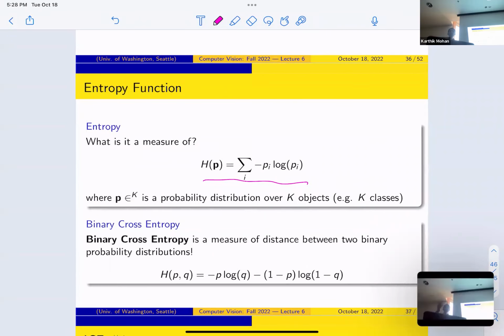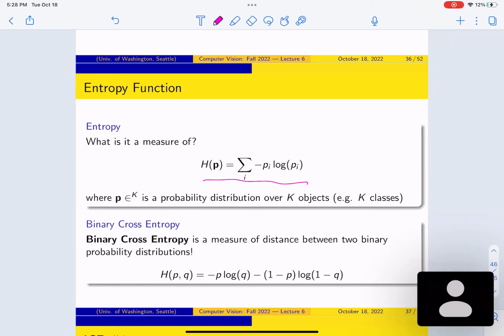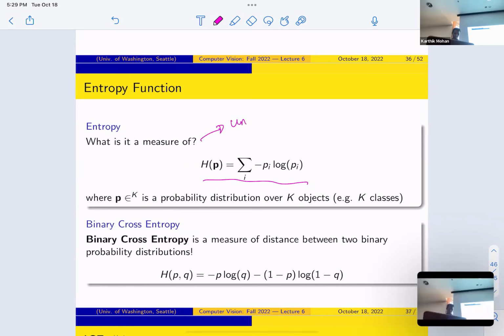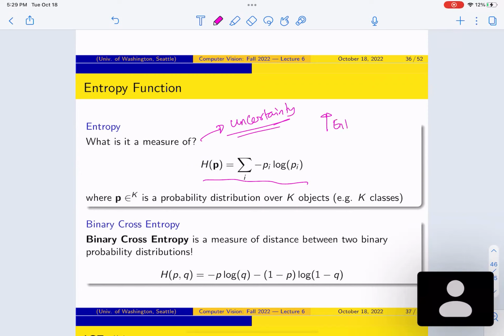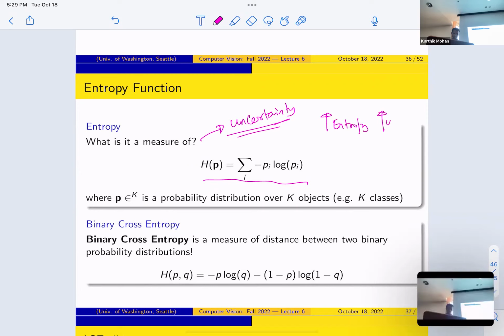Measure of disorder, yeah. Measure of chaos. And for us, let's say a measure of uncertainty. So the higher the entropy, the higher the uncertainty, and the lower the entropy, the lower the uncertainty.